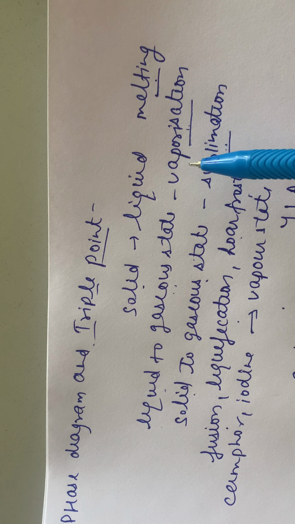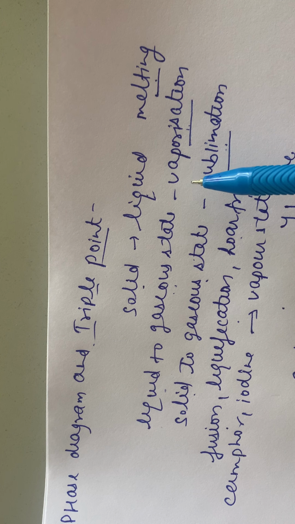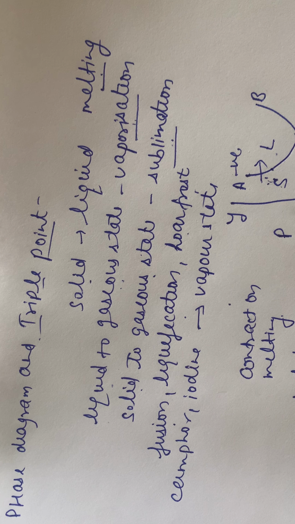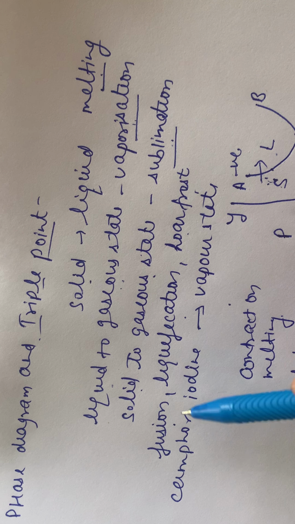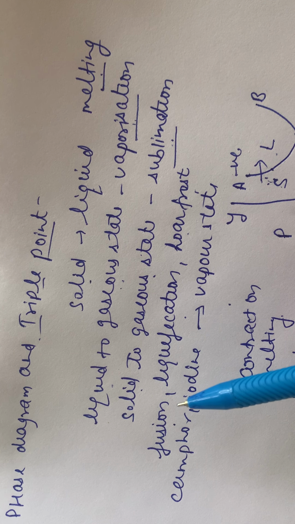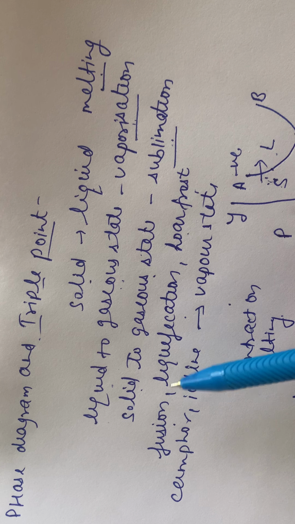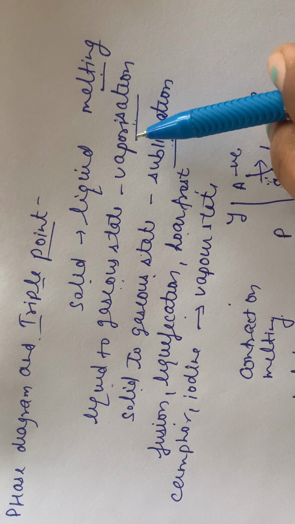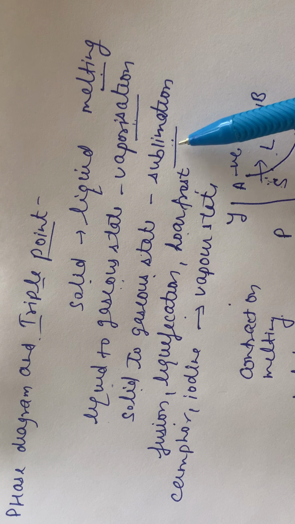Similarly, a substance changes directly from solid to gaseous state. The process is called sublimation. The reverse processes of melting, vaporization, and sublimation are called fusion for melting, liquefaction for vaporization, and hoarfrost for sublimation.